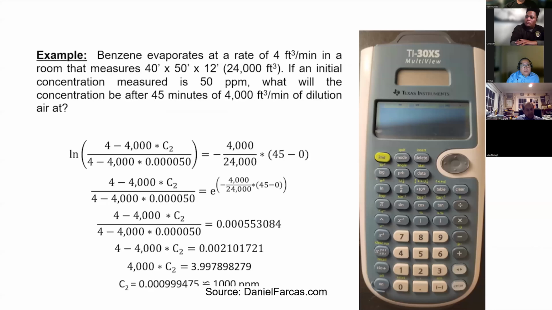of dilution air? The mathematical calculation in this equation is a little bit complicated. But after we plug in the values, we have to solve this natural logarithm equation, and we get rid of the logarithm by raising both sides of the equation as an exponent to the natural exponential function e.